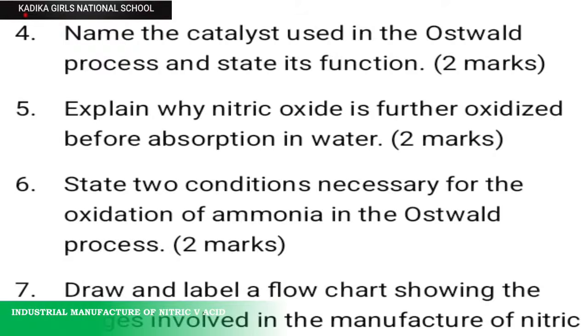Question number 4 is saying, and I want you to answer that question: name the catalyst used in the Ostwald process. So I want you to name that catalyst and state it. Let us name the catalyst being used in this process.